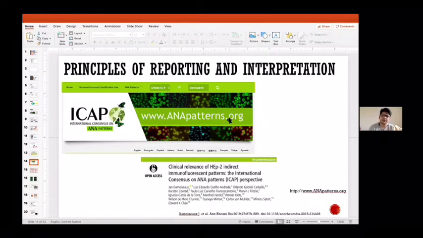These are the people who give guidelines on how to do ANA, how to interpret ANA, what the patterns of ANA are, and what the standards of ANA are. They are the authority in ANA, and all the guidelines and documentation keep coming from them. So you can visit this site. It may help. But if your interest is too much in rheumatology, or you are really interested in seeing the pictures, you can take this visit.